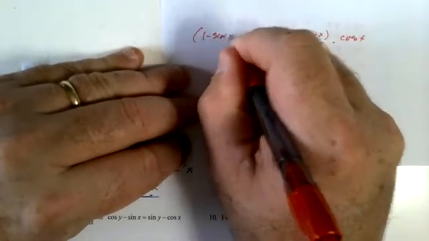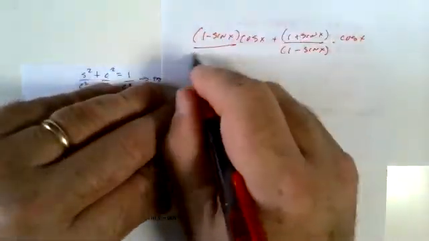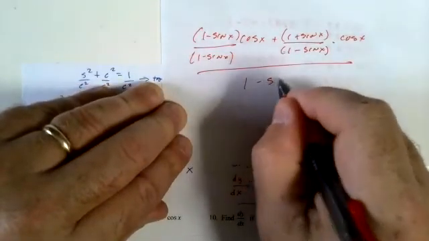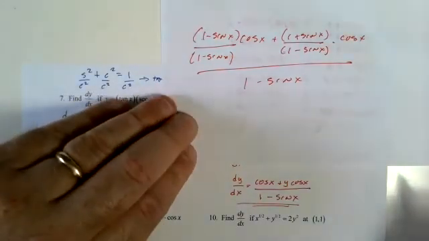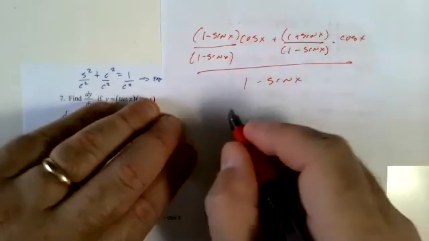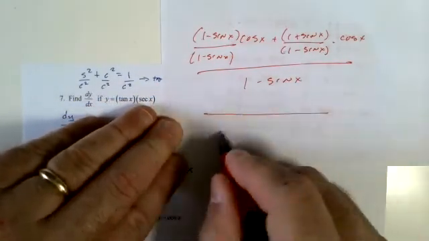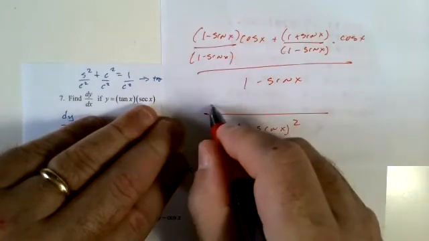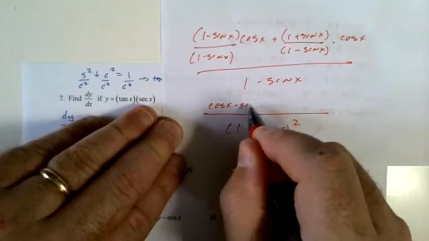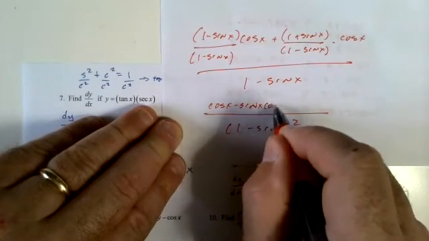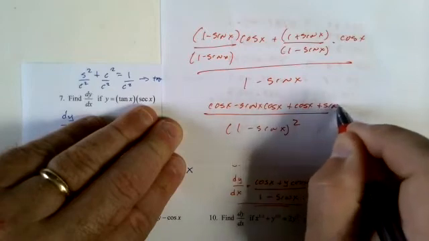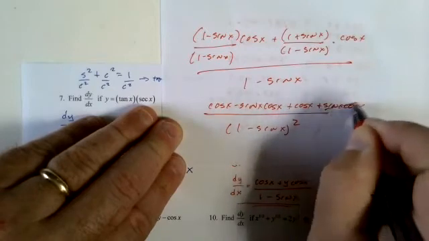We have to go 1 minus sine x, 1 minus sine x. Haven't forgotten there's a 1 minus sine x over here. And we would get 1 minus sine x squared on the bottom. Cosine x minus sine x cosine x, plus cosine x plus sine x cosine x.